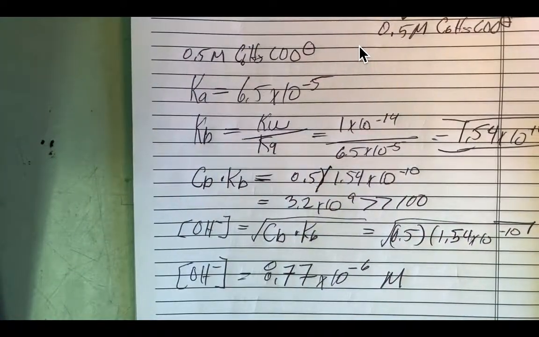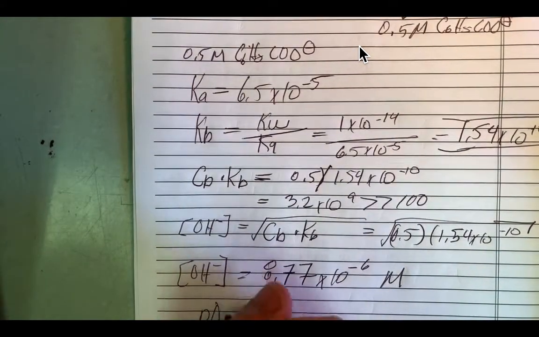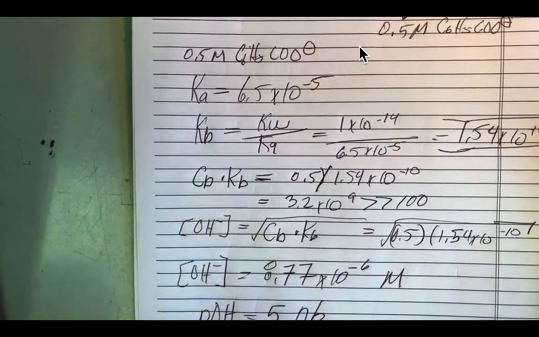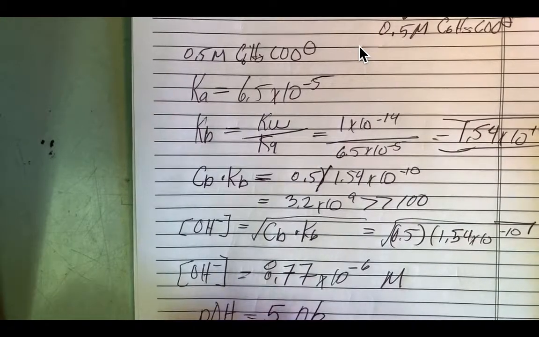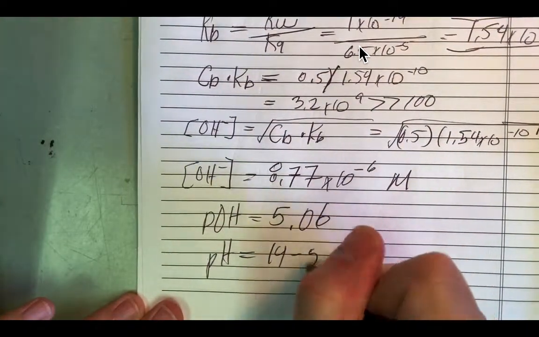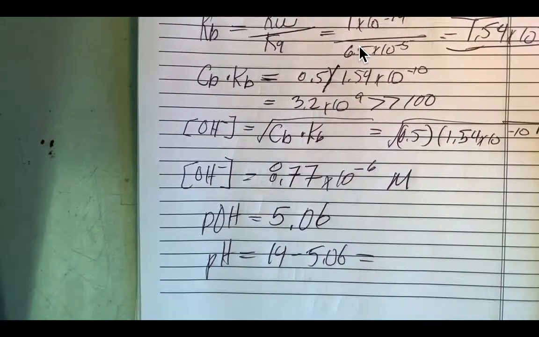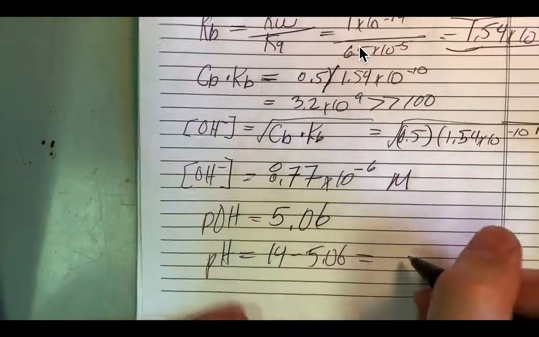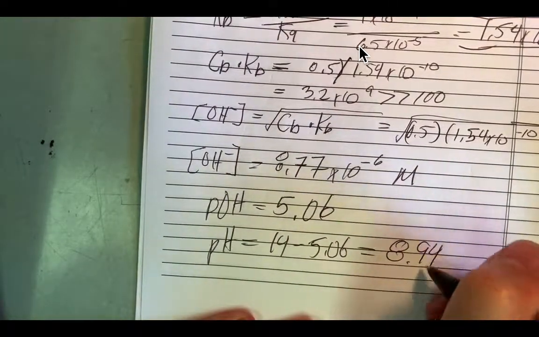Okay, 8.77 times 10 to the minus 6 molar. I'm going to do pOH. pOH is equal to 5.06. So pH would be equal to 14 minus 5.06, 8.94.